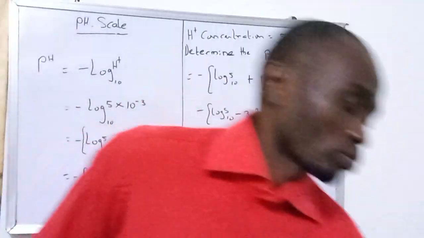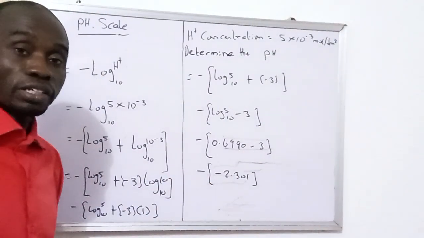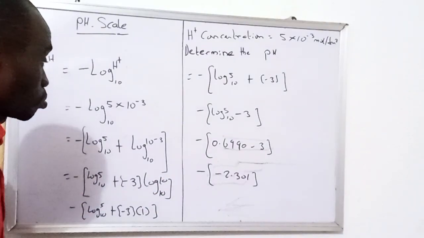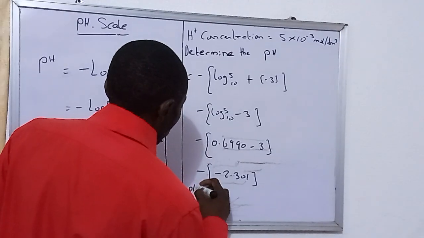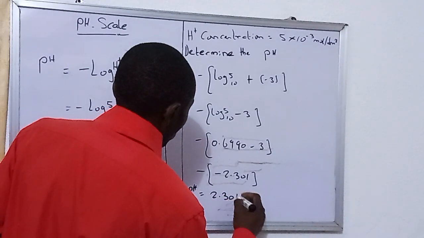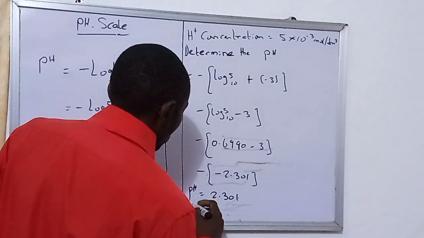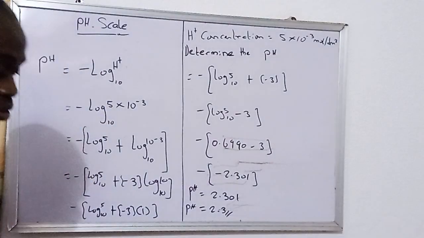Now we need to open the bracket by multiplying the minus, which is minus 1 times minus 2.301. So we have our pH equals 2.301. In one decimal place, we will have 2.3. That's all.